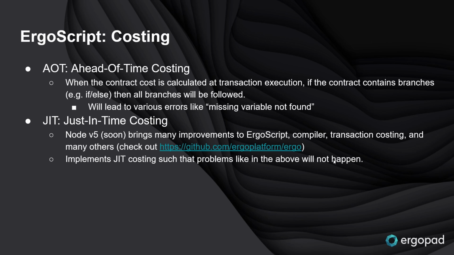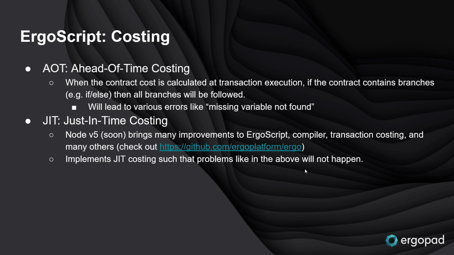And now we're going to cover costing. There are two different types of costing in Ergo: ahead of time costing and just in time costing. With ahead of time costing, when the cost gets calculated at the time of transaction execution, if your contract contains any branches, like if else statements, then all branches will be checked. This can lead to errors like missing variable not found.